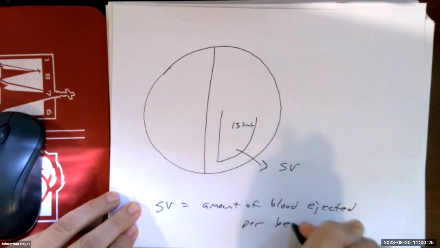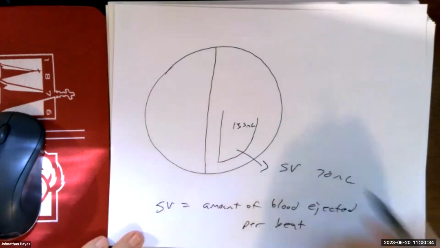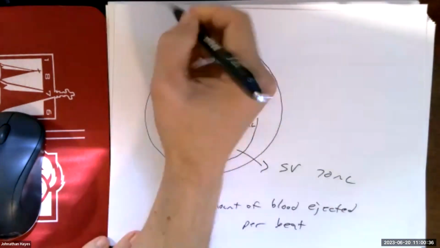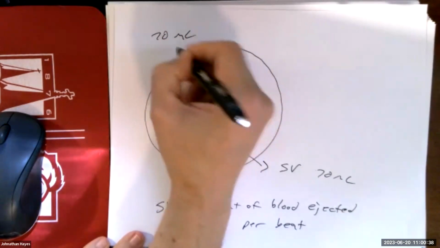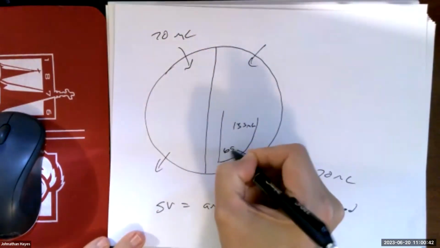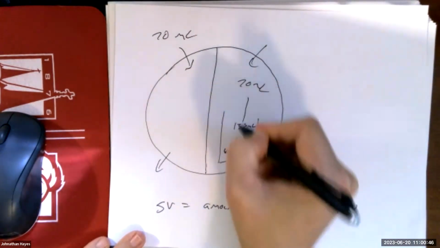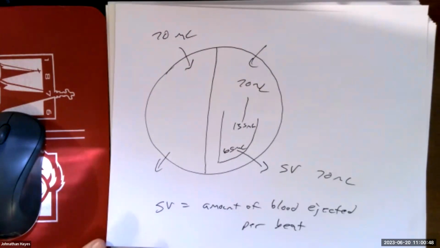That's another way to say it if you want to, okay? It's talking about what's leaving that left ventricle, right? And normally whatever leaves the left ventricle, let's say 70 milliliters, heads out to the body. If nothing else changes in between, 70 milliliters is going to get pushed back in, right? And that 65 was left in here, right? 70 came back in. And now you're back up to 135 again. Everything's hunky-dory and everything remains kind of at rest.